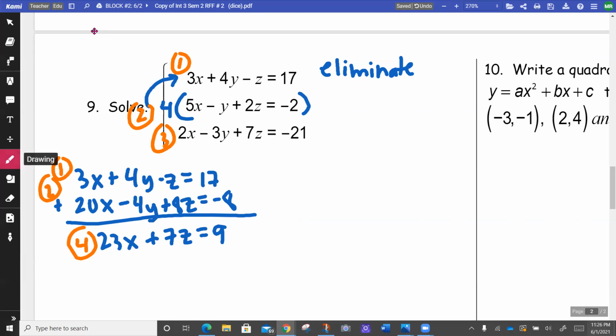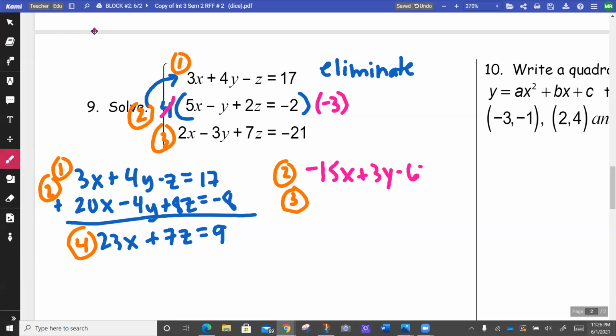So now I'm going to take that second equation, and instead of timesing it by a 4, I'm going to times it by a negative 3. So I'm going to take my second and third equation. I'm timesing my second one by a negative 3, so it's going to be a negative 15x plus 3y minus 6z is equal to 6.